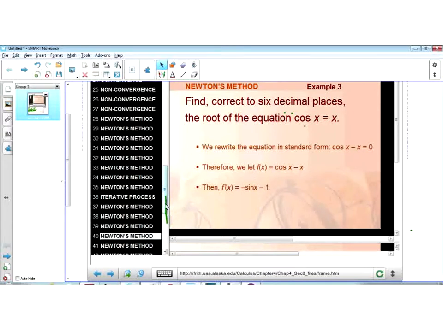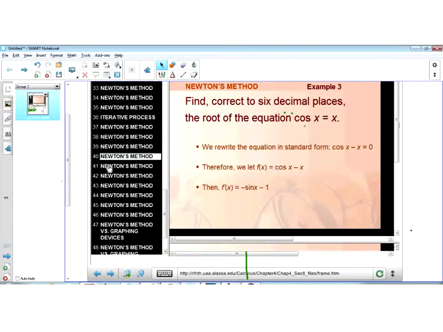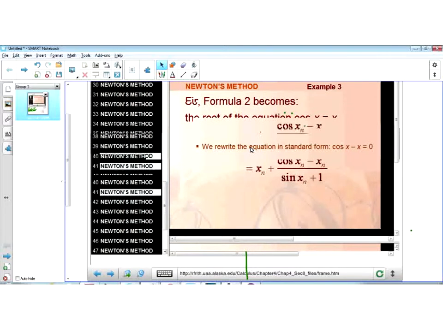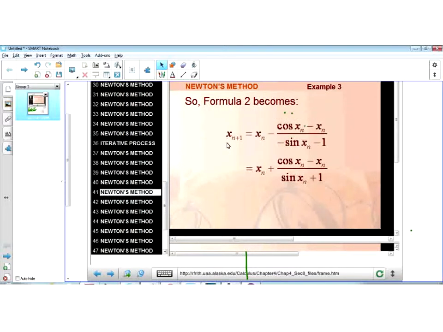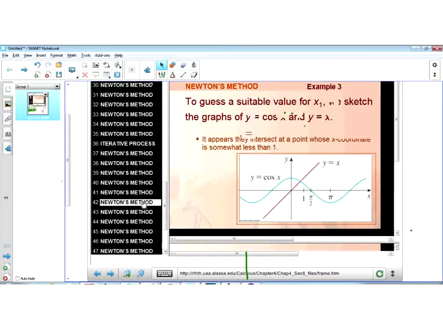Then f prime of x, of course, is minus sine x minus 1. And then we build our Newton's table. Here's our Newton's formula for this particular function: x sub n plus 1 is equal to x sub n minus all of this, and then they simplify it. So here's your Newton's equation. And then you just fill in the tabular values.